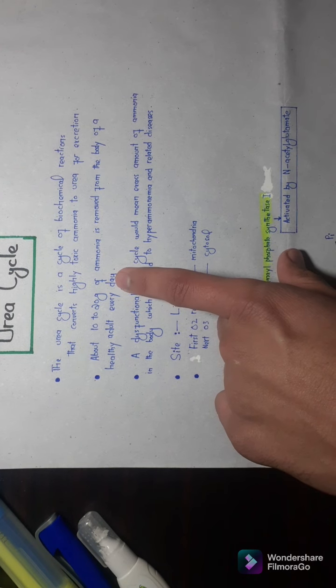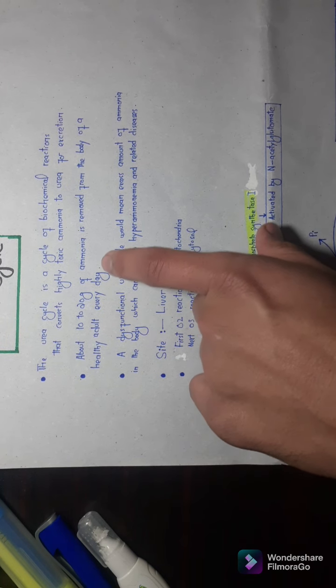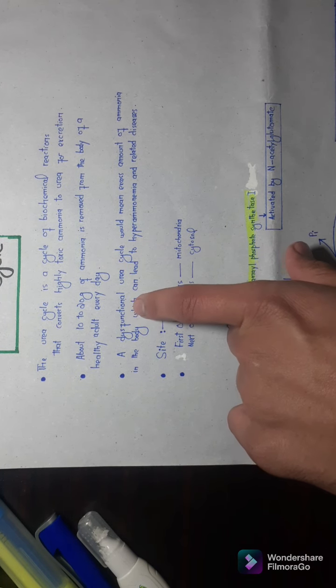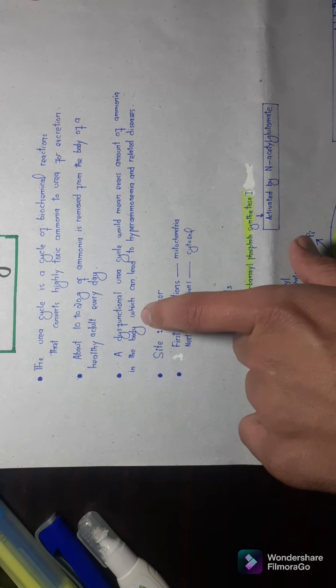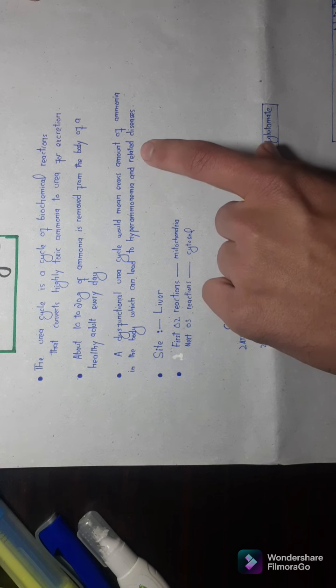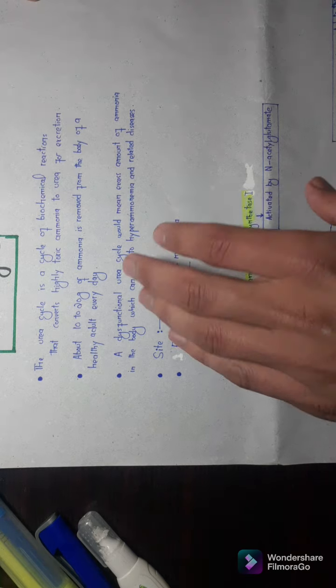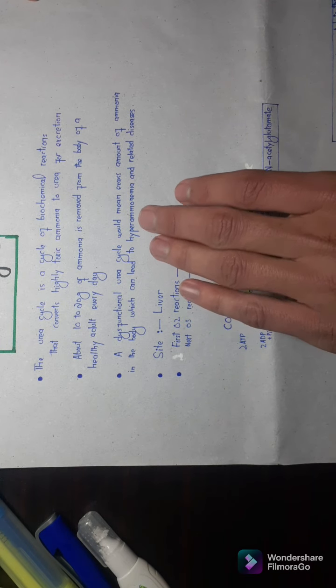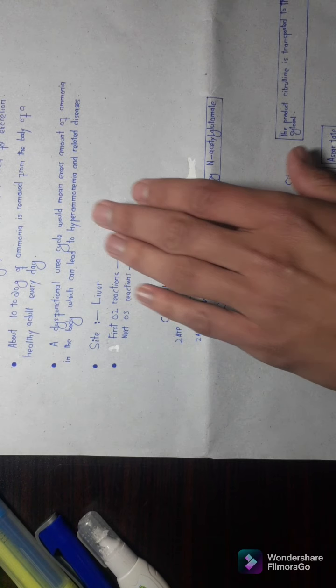About 10 to 20 grams of ammonia is removed from the body of a healthy adult every day. A dysfunctional urea cycle would mean an excess amount of ammonia in the body, which can lead to hyperammonemia and related diseases. It means that when there is an excess amount of ammonia in our body, it can lead to hyperammonemia and many other diseases.